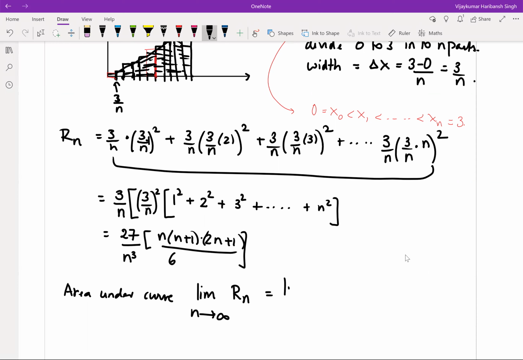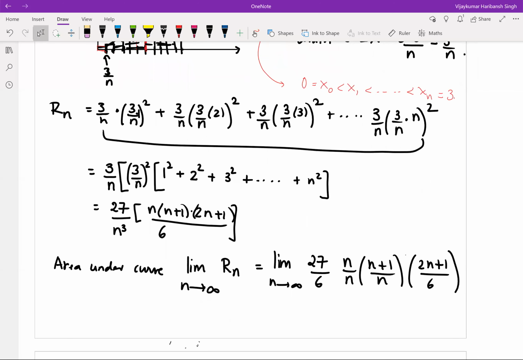So this is going to be the limit as n goes to infinity of 27 by 6. Now there are n cubed. I'll distribute them, each of the n to each of the terms. So n by n, plus 1 divided by n, 2n plus 1 divided by 6. So you can cancel these off.